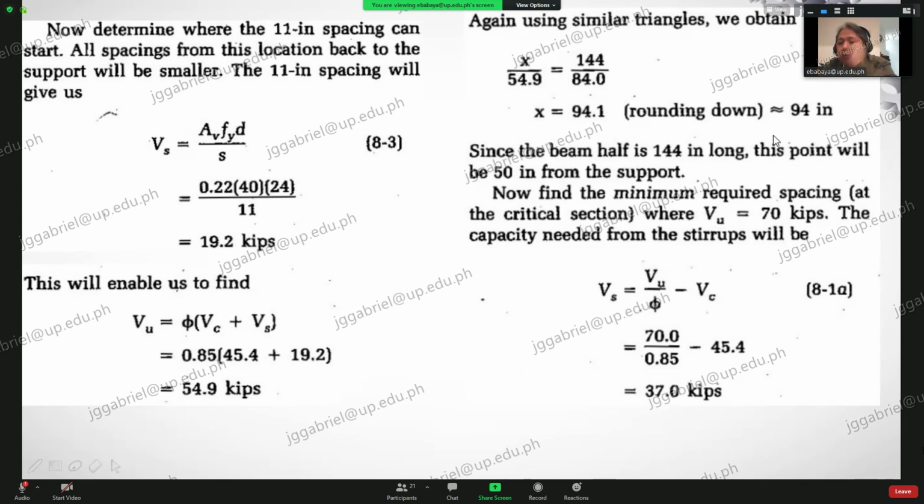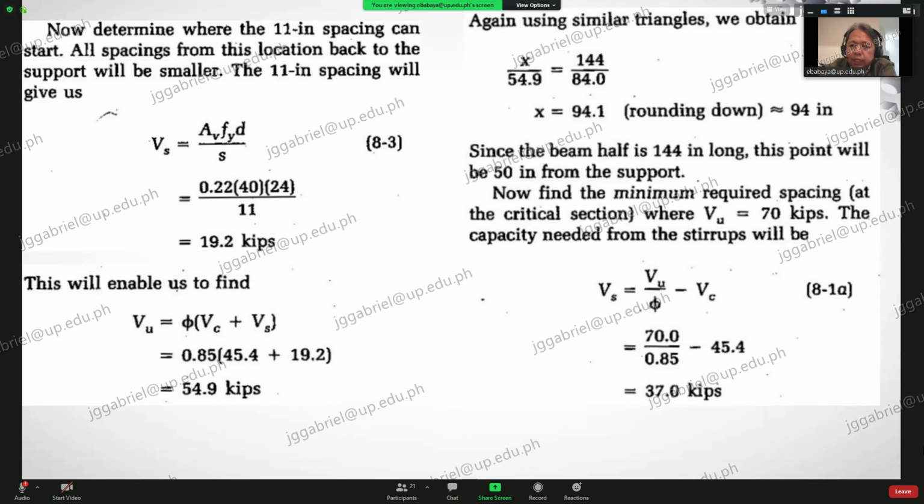Now, we round down, because we're talking about spacing. The 94 inches is measured from the midspan of the beam. If you round down, you're actually being conservative; you bring the stirrups closer to midspan.